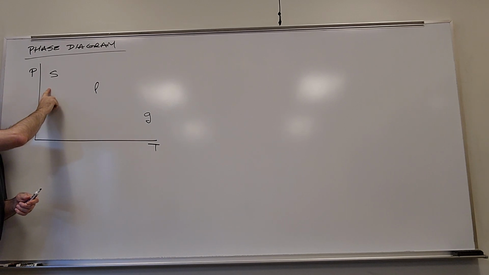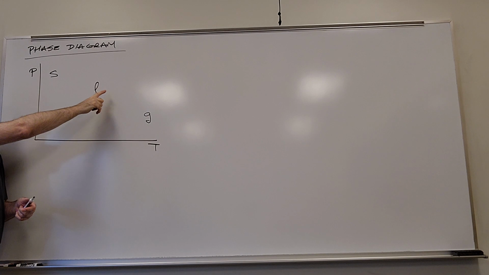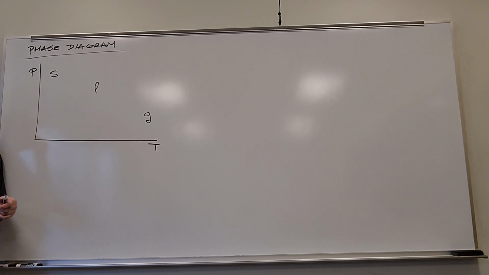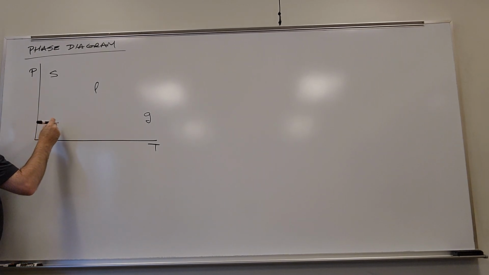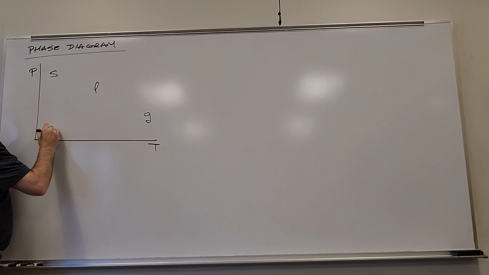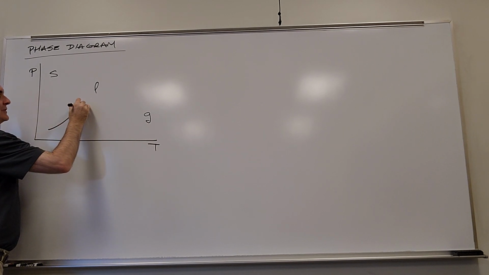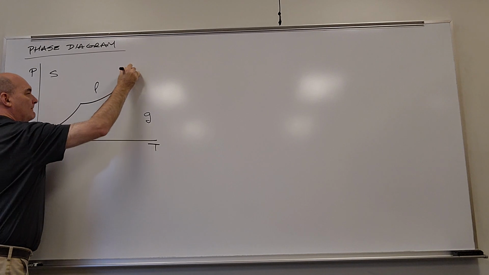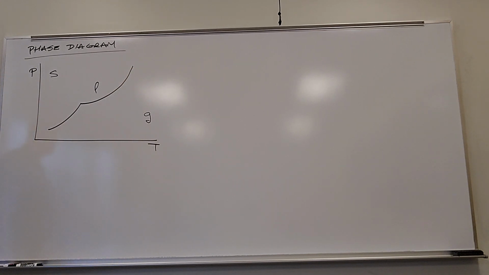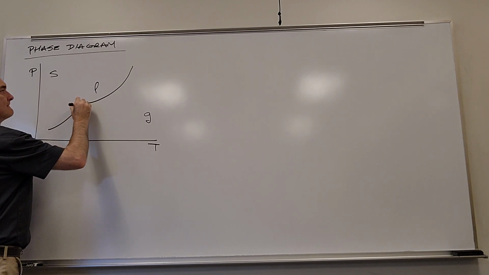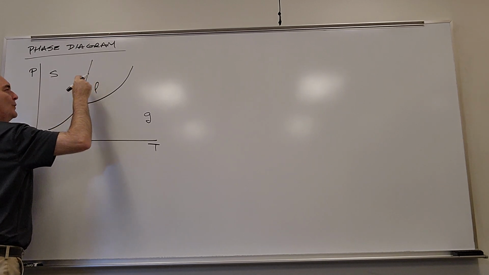And it's 0 degrees Celsius in that direction, and it's 0 degrees Celsius in that direction. So there is a point. These transitions, however, are not linear. That one is the most linear.